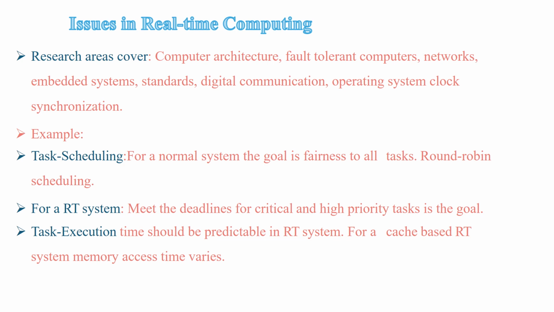For example, when you talk about task scheduling for a normal system, the goal is fairness to all the tasks. It is about how we are going to complete the task within a specific time period. So we may use round robin scheduling. The operating system already lets you multitask. Suppose you are using your laptop, right?